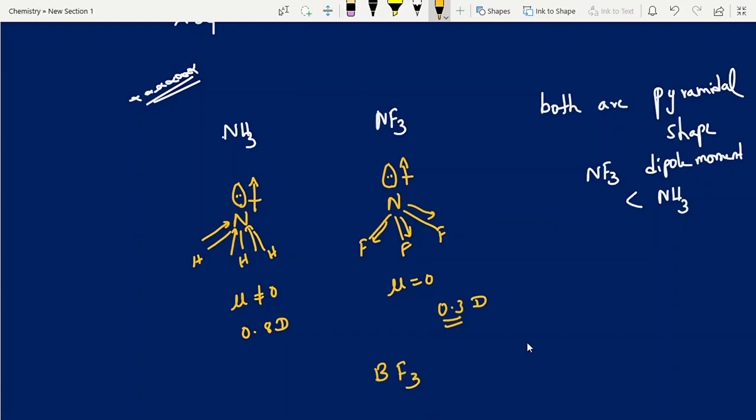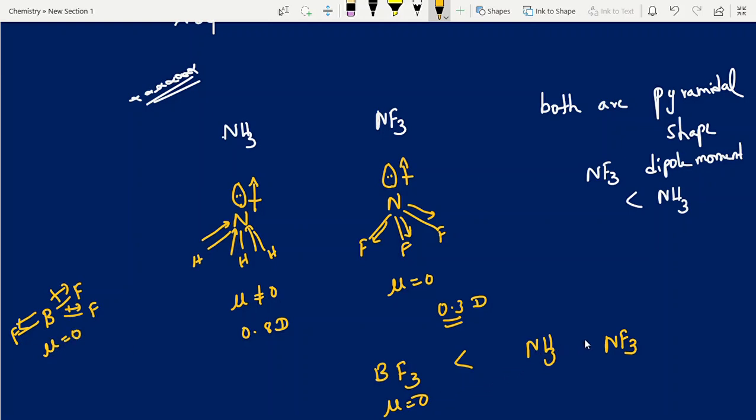The last question: comparison of BF3, NH3 and NF3 dipole moments. Definitely BF3 is very low. Why? There is no lone pair, and boron trifluoride is sp2 hybridized, trigonal planar, with opposite directions, so the dipole moment is completely 0.